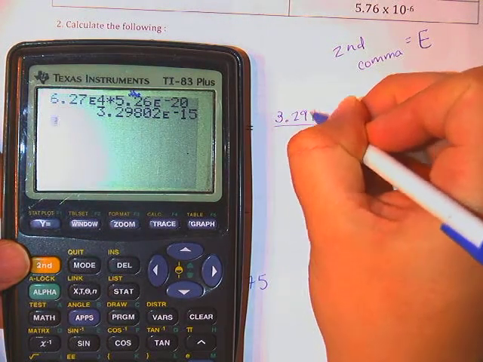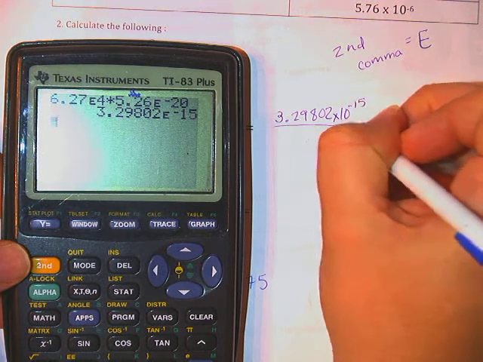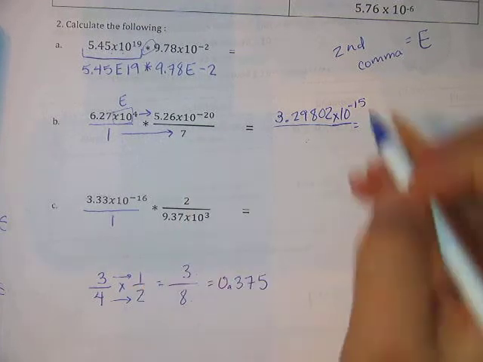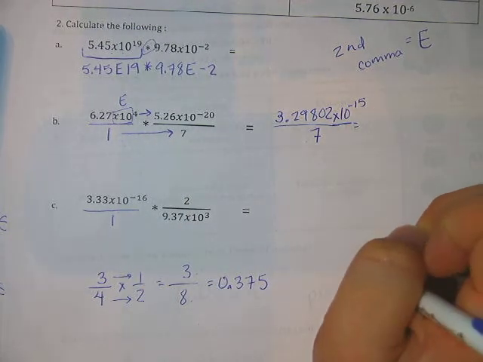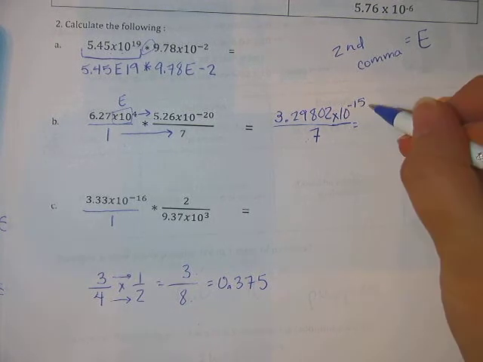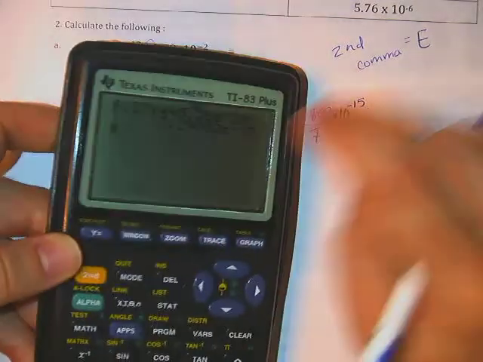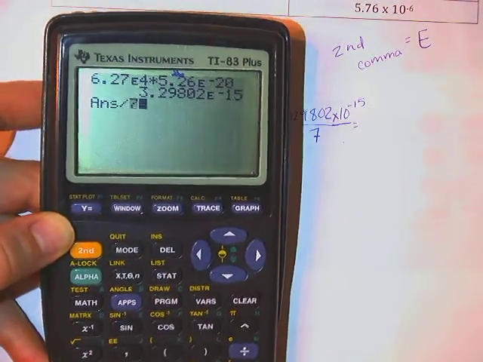We have a new top now. I'm just going to copy that top here. And then on the bottom, 1 times 7, you should not need your calculator for that. 1 times 7 is 7. Now we just divide new top divided by new bottom. So this new top I just had divided by 7.